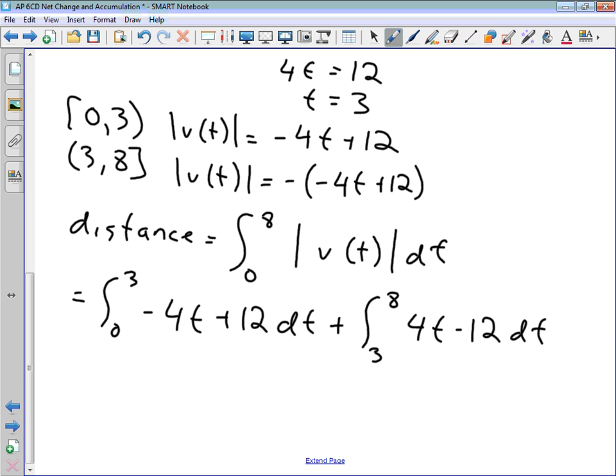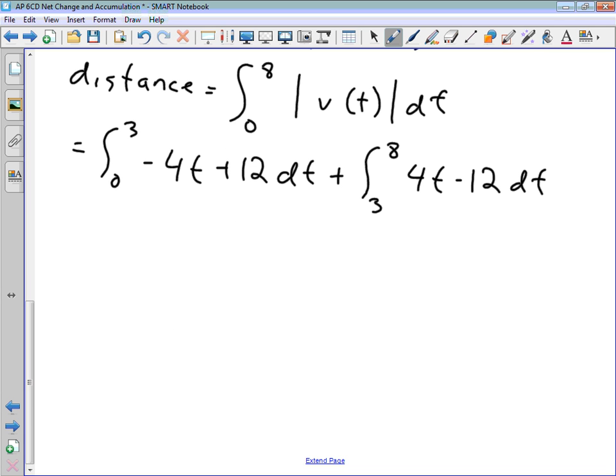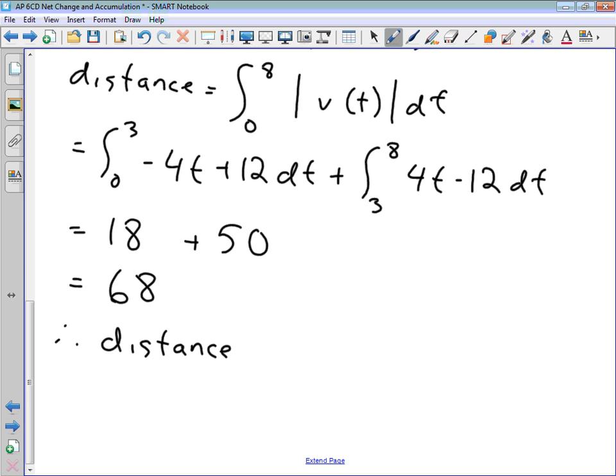Okay. Basically, we have to change the sign of the velocity function. And then we can do our integrals here. This integral evaluates to 18. Our second integral evaluates to 50. So we end up with 68 here. So we should say that the distance traveled is 68 meters.